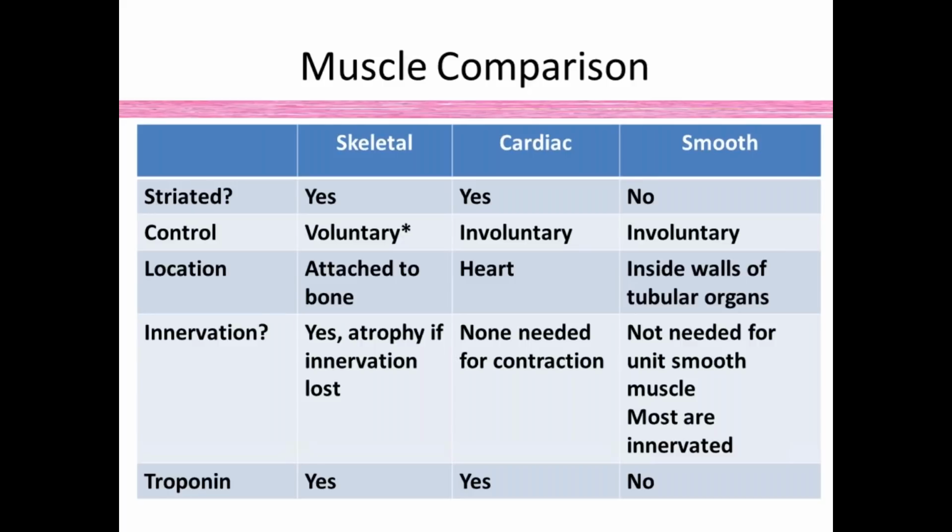Versus smooth muscle, which looks very different. It's not striated, and you don't have control over it, so it's like the cardiac. It sits inside tubular organs like blood vessels, the urinary tract, the digestive tract, and also like the heart, it doesn't need to be innervated because smooth muscle, or many of them, have the capacity to self-generate a signal.